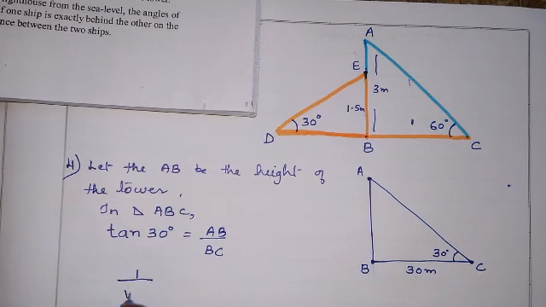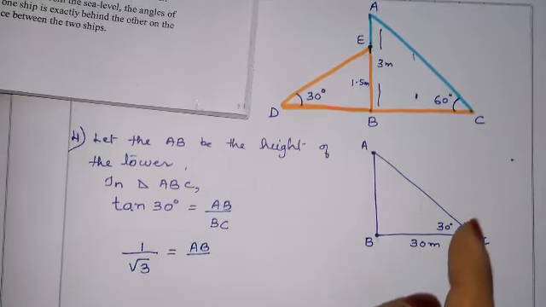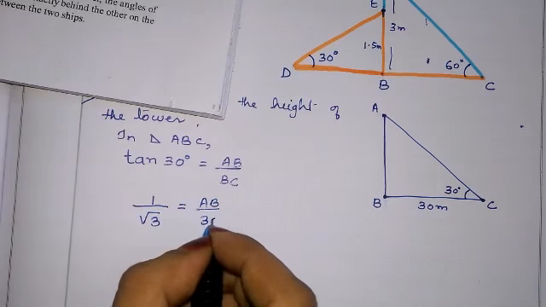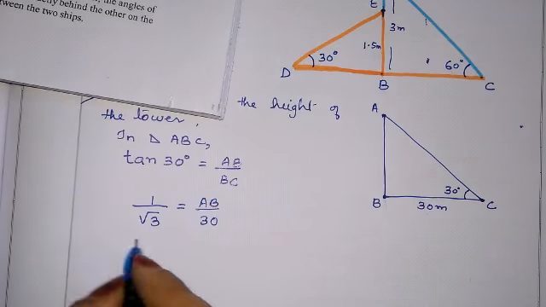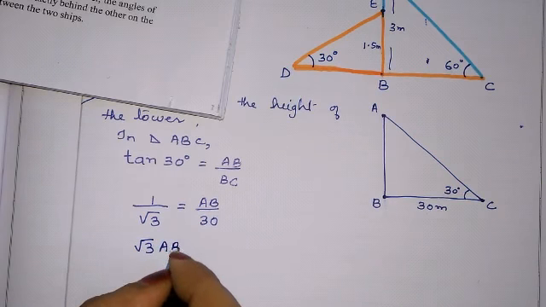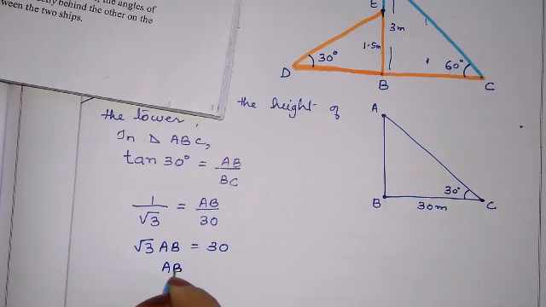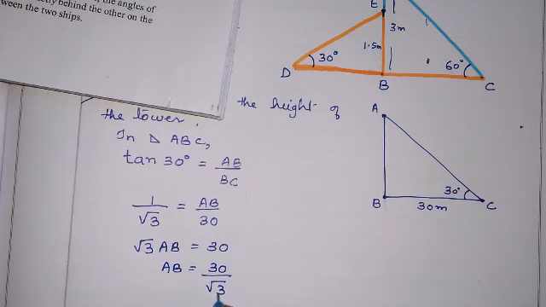So 1 upon root 3 is equal to AB, we don't know, BC we know, 30. Let us cross multiply. Root 3 into AB is equal to 30 ones are 30. AB is equal to 30 by root 3.